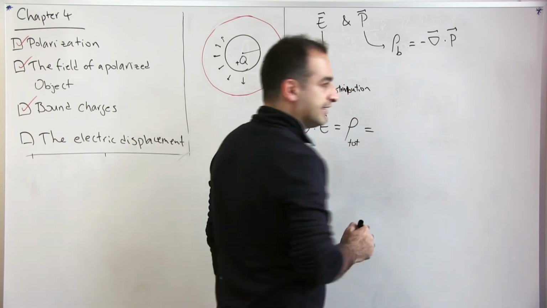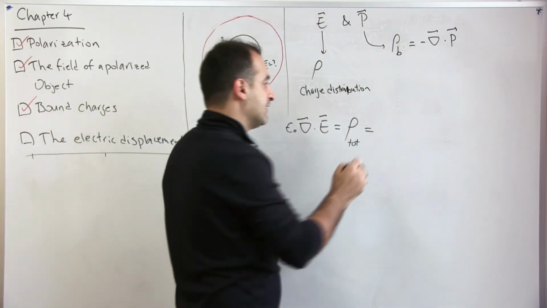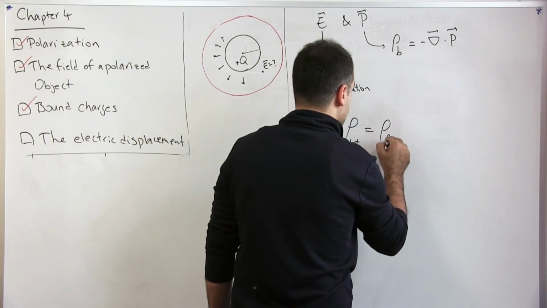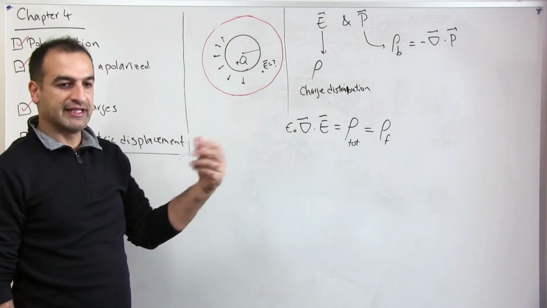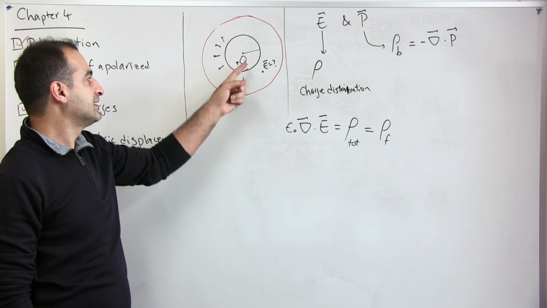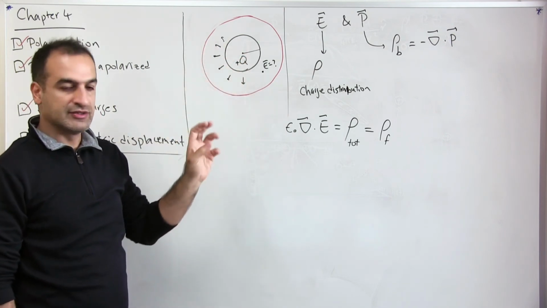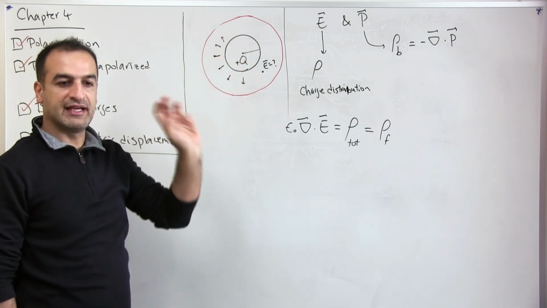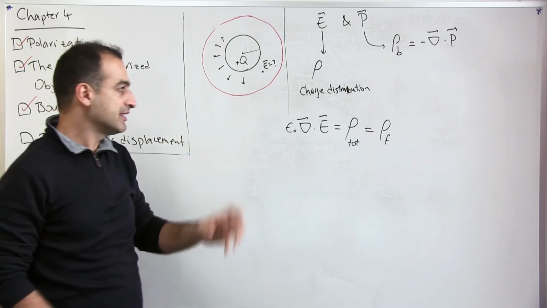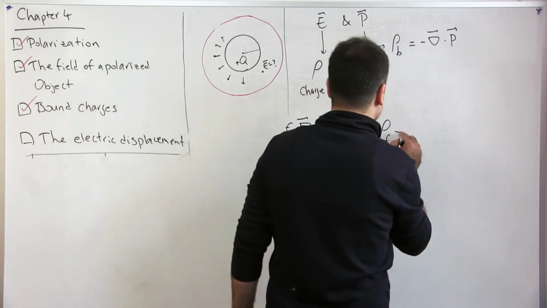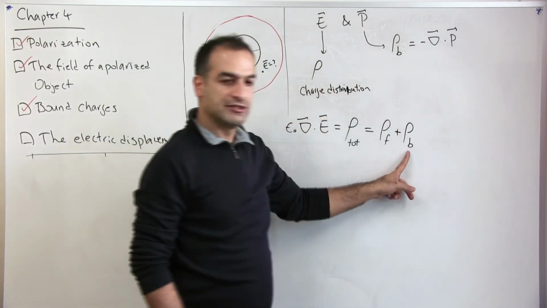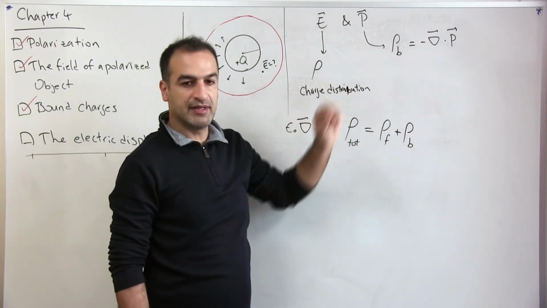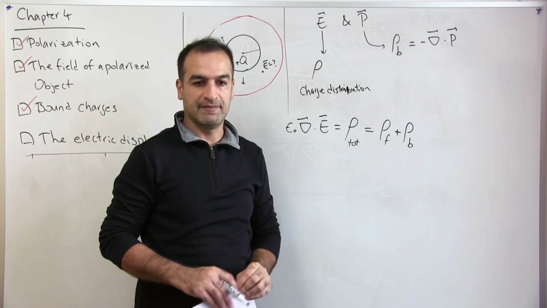I'm going to break it into two parts. One of them is the free charge distribution, which is the actual charge that you put into the problem, like the Q here. Then add the component rho B, which is the charge density created by the polarized object.